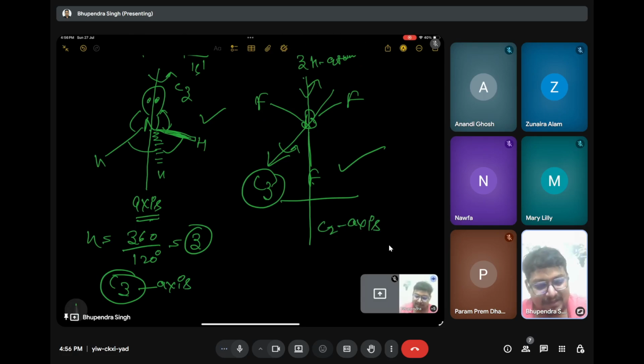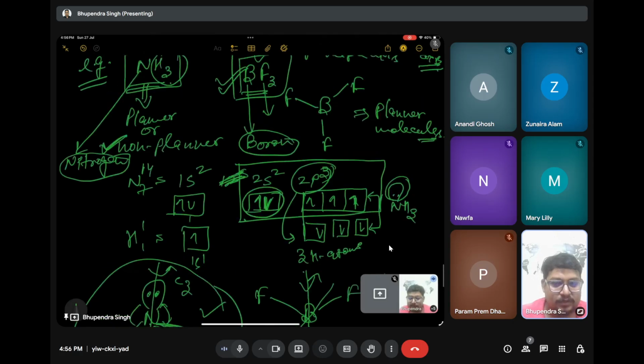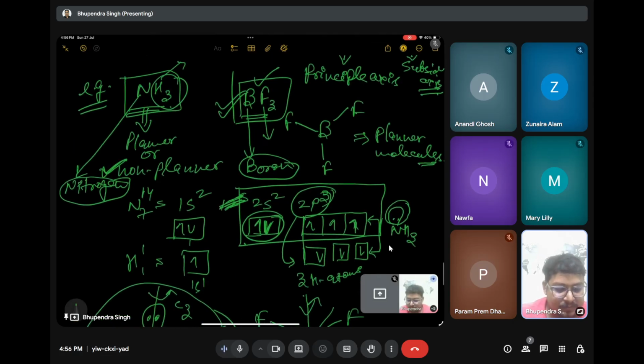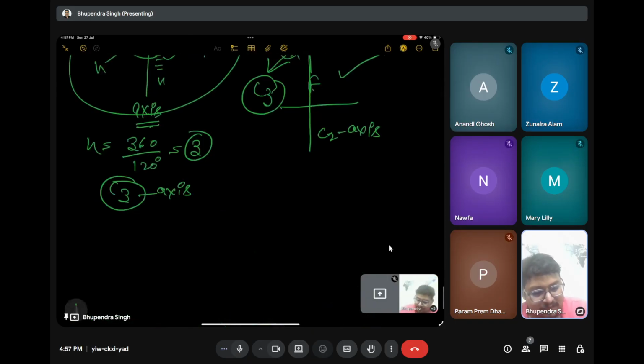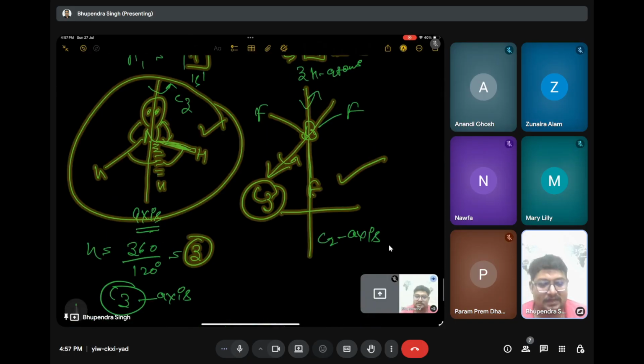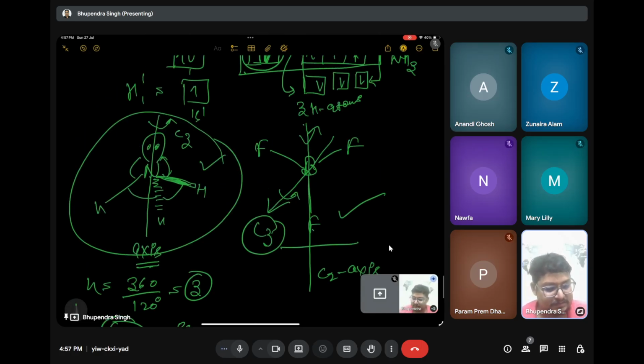But here in NH3, there is no C2 axis present. That is the difference. That is why I have explained you this orbital diagram, 1s2, 2s2, 2p3. This lone pair is making your life trouble. See, here no C2 axis is present.